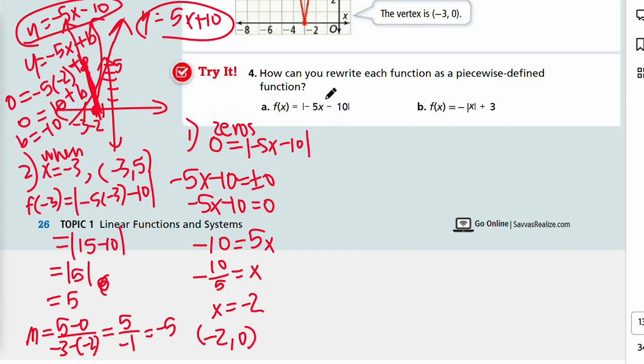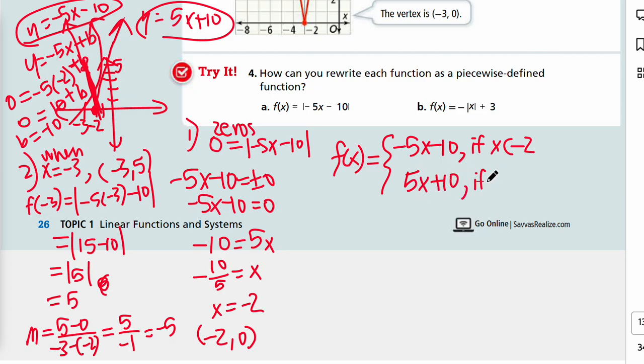And so your final function notation for part A would be f of x is equal to negative 5x minus 10 if x is less than negative 2, and 5x plus 10 if x is greater than or equal to negative 2.